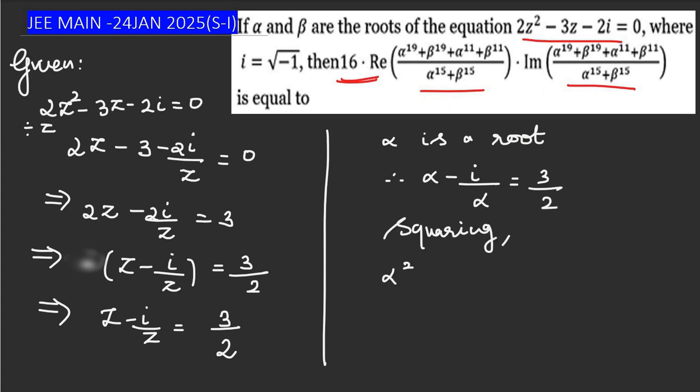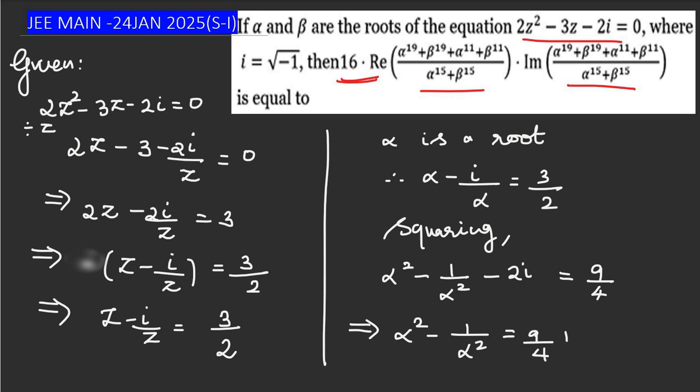Squaring: alpha squared plus iota square by alpha squared, iota square is minus 1, so minus 1 by alpha squared minus 2 iota is equal to 3 by 2 the whole square, which is equal to 9 by 4. Or alpha square minus 1 by alpha square is equal to 9 by 4 plus 2 iota. Now again squaring on both sides.